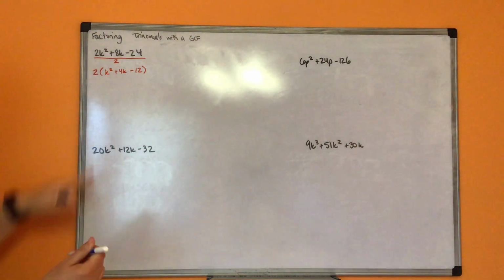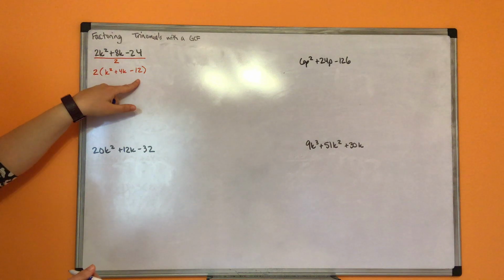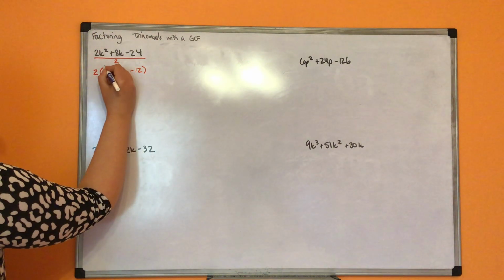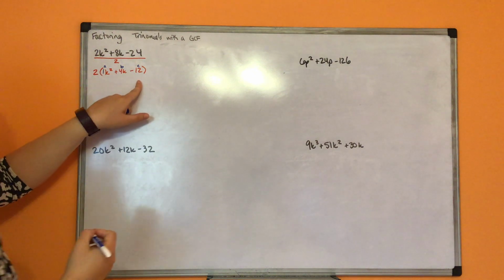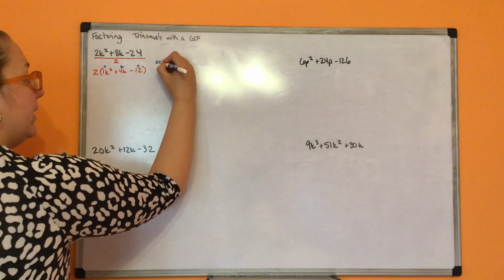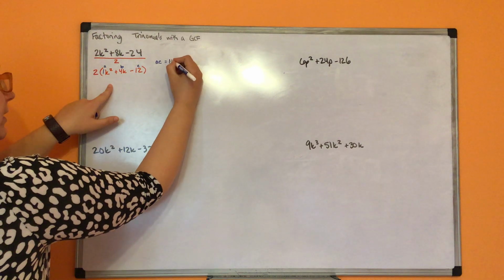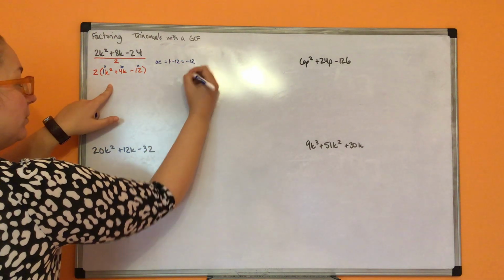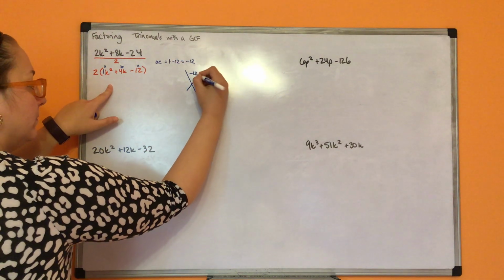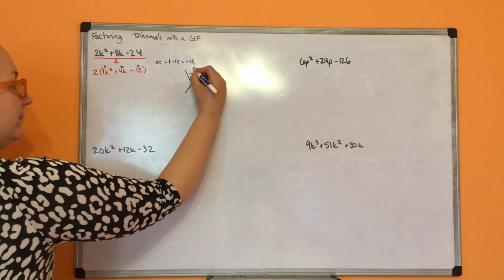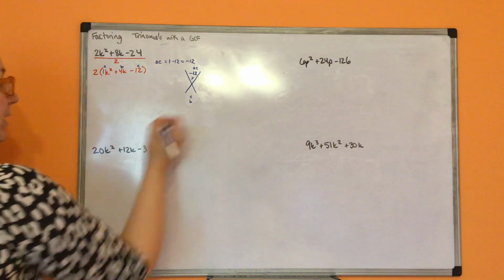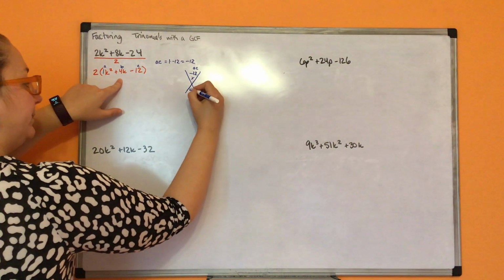But from here, we know that when we see things like this with 3 terms, we start by multiplying a times c together. We're going to use the new a, b, and c that are here on the inside. So a times c here is going to be 1 times negative 12, which is negative 12. So we're looking for numbers that multiply together to a times c, add together to our b number, which now is 4.